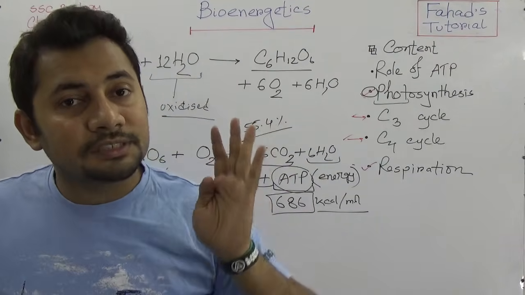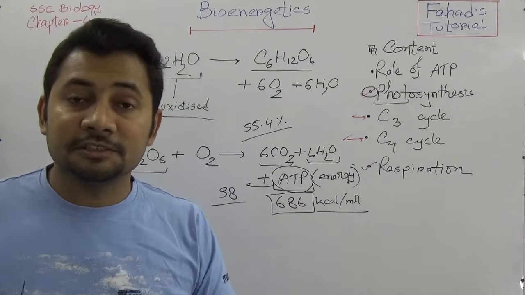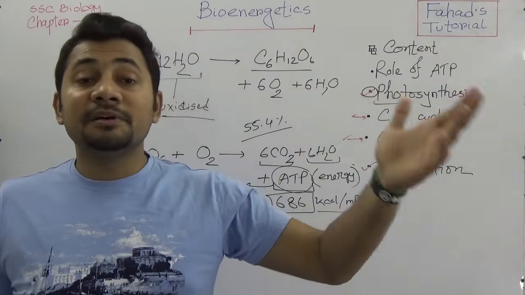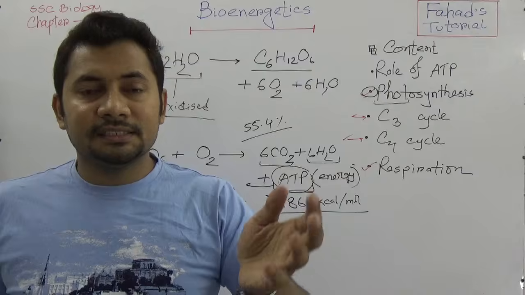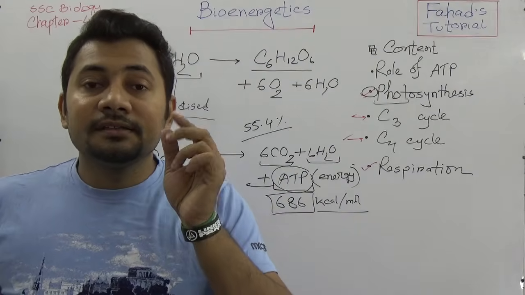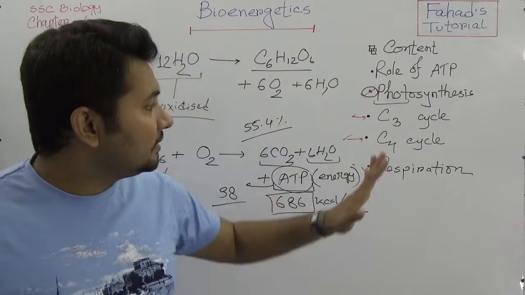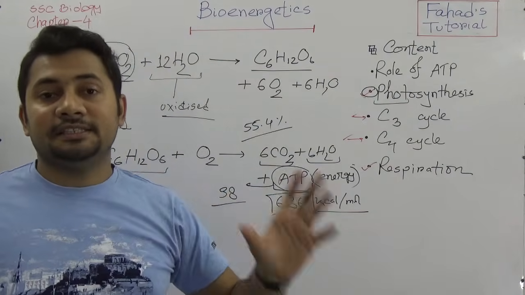So these 4 steps make up aerobic respiration. But anaerobic respiration happens in unicellular organisms like bacteria and others, and there are only 2 steps in anaerobic respiration. So these are the issues discussed in this entire chapter.